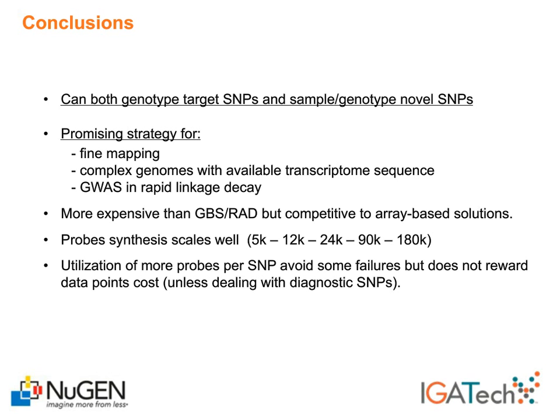So let's say to generate genotyping data for a particular region of the genome, let's say an arm of a chromosome, or to deal with very complex genomes where a full genome sequence is not yet available and we just have the capability to access the transcriptome sequence. Or, as in our case, to perform genome-wide association studies where the linkage decay is very rapid and researchers must be able to tightly explore only the gene space of such a genome.